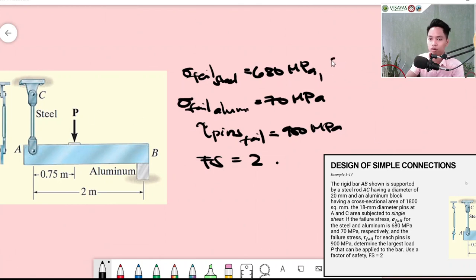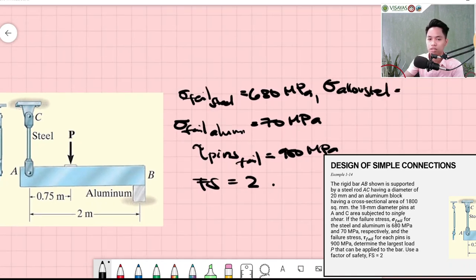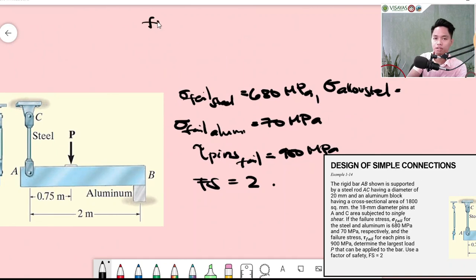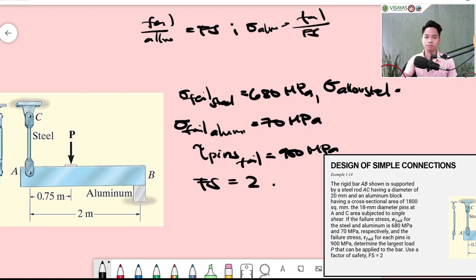So, what would be the allowable here? Sa steel, using the formula, diba? Your fail over allowable is equal to your factor of safety. Therefore, your allowable is equal to fail divided by the factor of safety. Therefore, that would be 680 divided by 2. So, 340 MPa. Yan na lang siya paggamit.